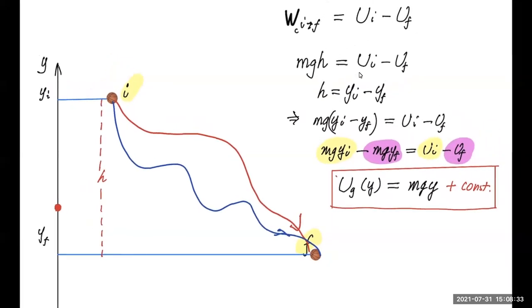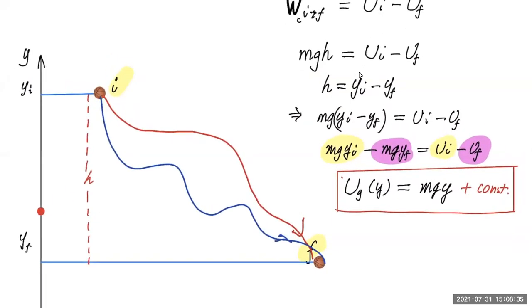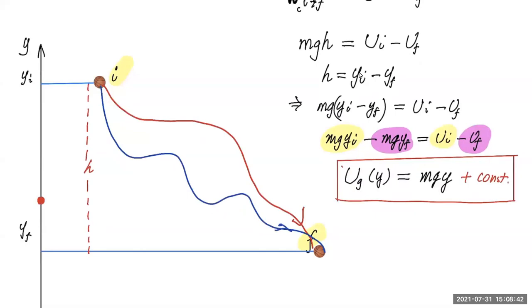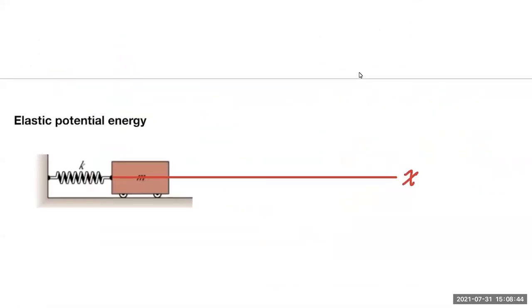Now let's look at the second example of the potential energy associated with a conservative force, and that is the elastic force of a spring. In the case of elastic force, I have an ideal spring of spring constant k, and I set the coordinate system to be along the direction of stretch or compression of the spring. We call it x.